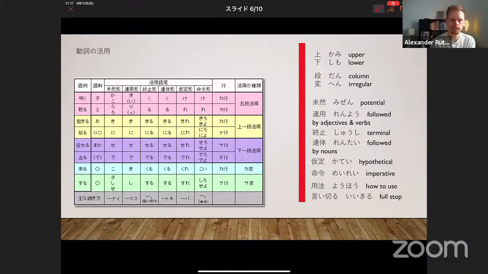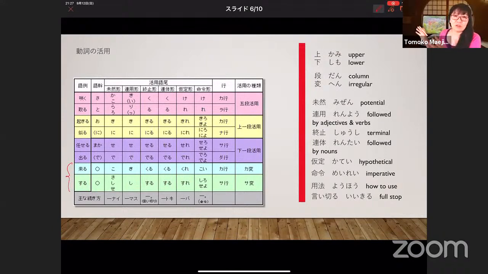Actually, these 2 are just one word each, and these 2 are exceptions: to come and to do. You just have to memorize them, and that's finished.